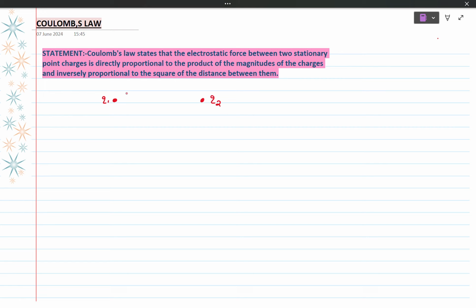These two charges Q1 and Q2 can be like charges or unlike charges. If Q1 and Q2 are like charges, the force will be repulsive. And if Q1 and Q2 are unlike charges, the electrostatic force will be attractive. So whatever it is, Coulomb's law states the electrostatic force between two stationary point charges.